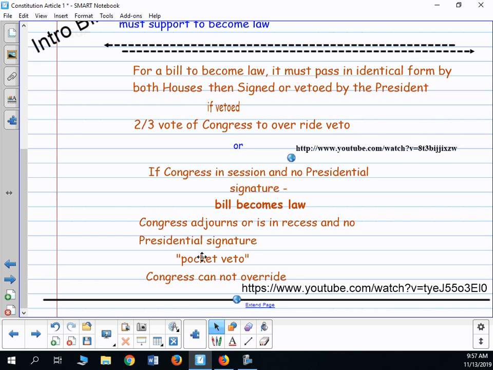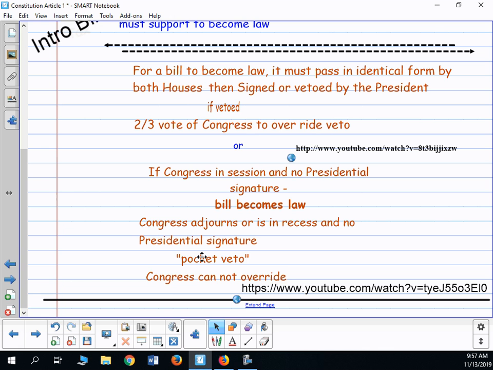If he vetoes it, then Congress can get it back and override his veto with a two-thirds vote by Congress. Or, if Congress is in session and the president chooses not to sign, and he does have that right, he doesn't have to sign, the bill would become a law. It's automatic.